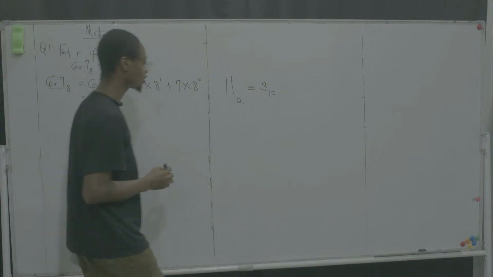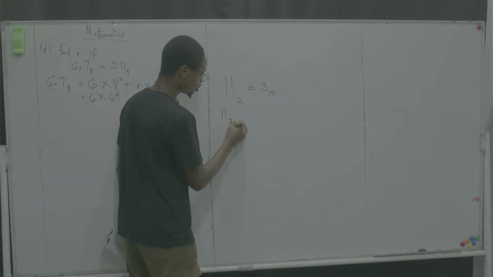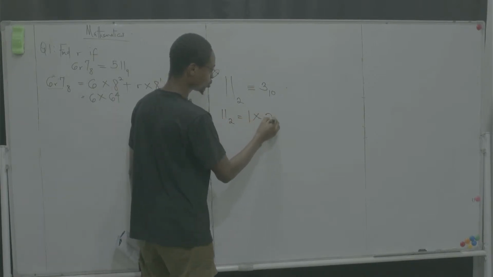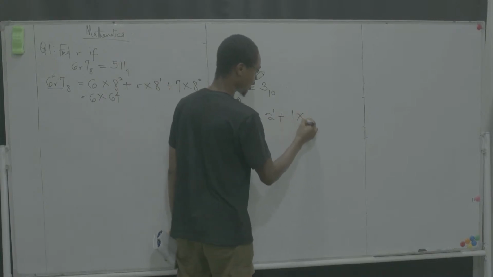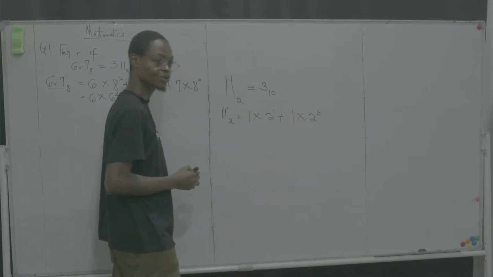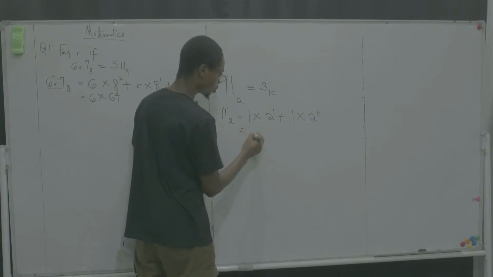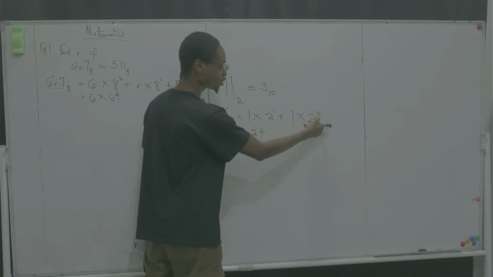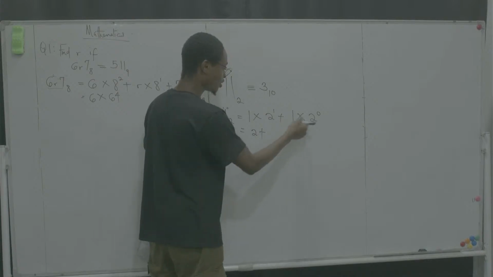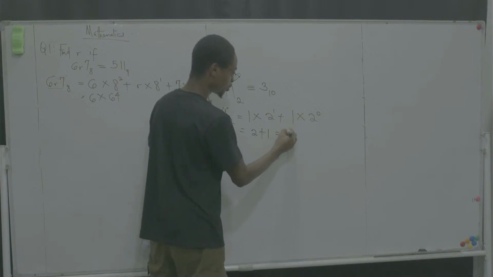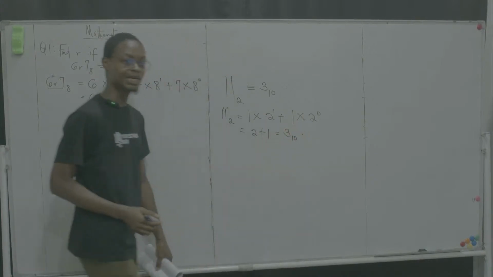How do I know this? Because I can convert 11 in base 2 as 1 times 2 raised to power 1 plus 1 times 2 raised to power 0. This is going to be 1 times 2, that's 2, plus 1 times 2 raised to power 0. 2 raised to power 0 is what? 1, right? So that will be 1 times 1. 2 plus 1 is going to be 3 in base 10.